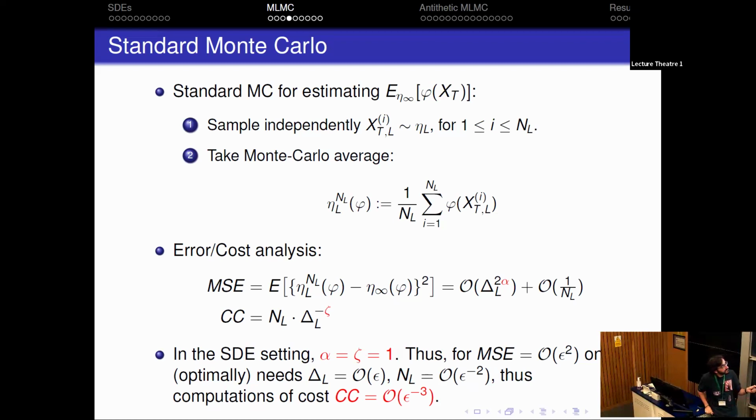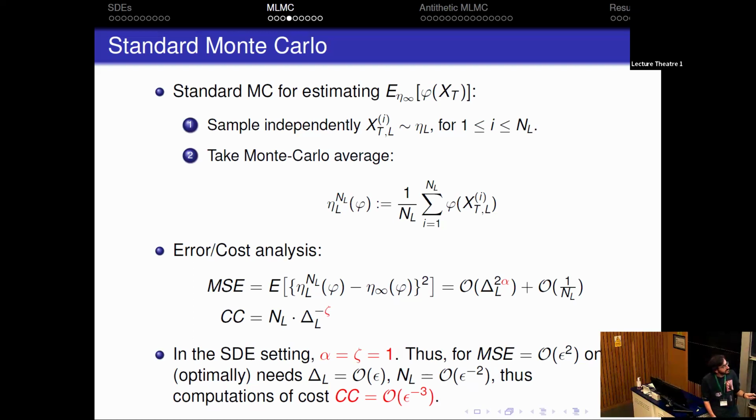You have chosen this capital L, so you have chosen this delta step size in your approximation scheme. Then you use some Monte Carlo samples, you average over your samples, and you do a simple analysis of the mean square error. This is the MSE here.